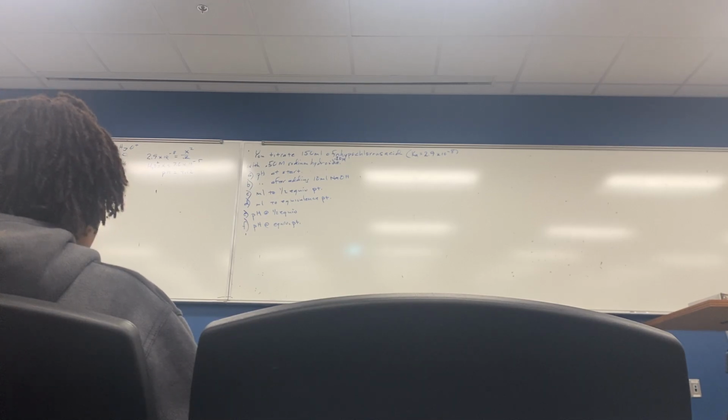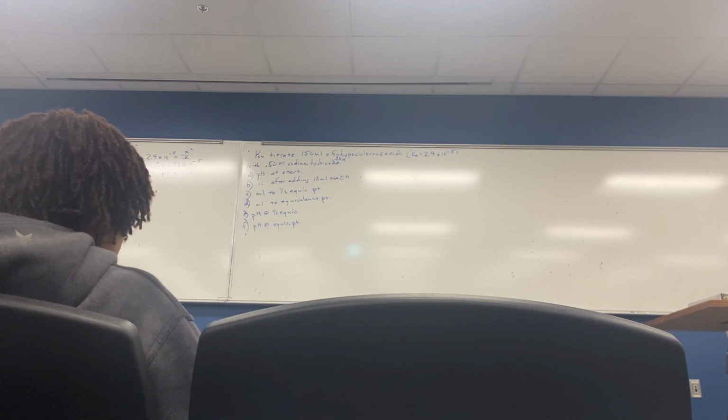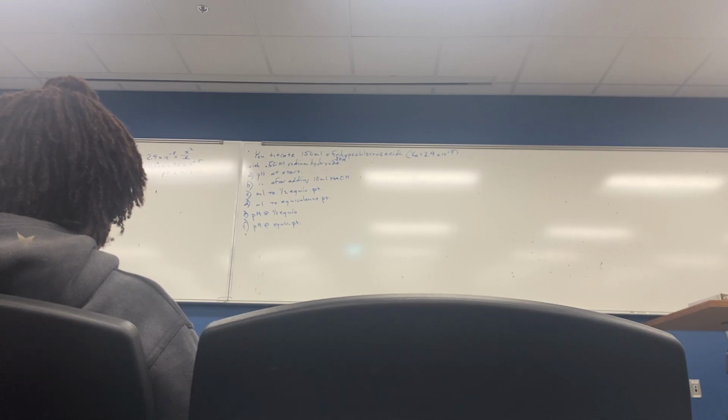Okay, are we good with the Chem 1 stuff? These are the moles that are going to be the initial value in that equation. Let's turn this back into concentration.